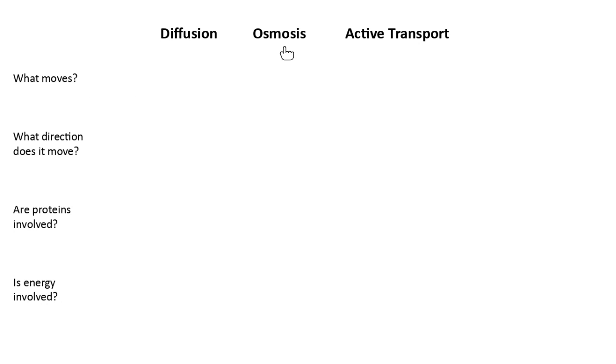When we talk about osmosis, there's a very specific thing that moves in osmosis. What moves in the process of osmosis? What's moving? Yeah, the only thing that's going to move through osmosis is water. So when we talk about the process of osmosis, what's happening is water is going into or out of a cell.